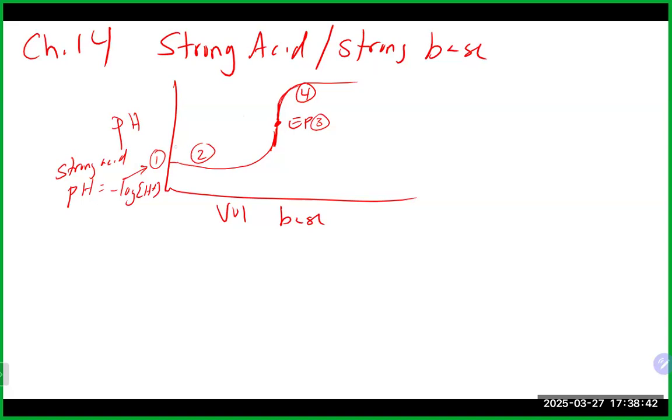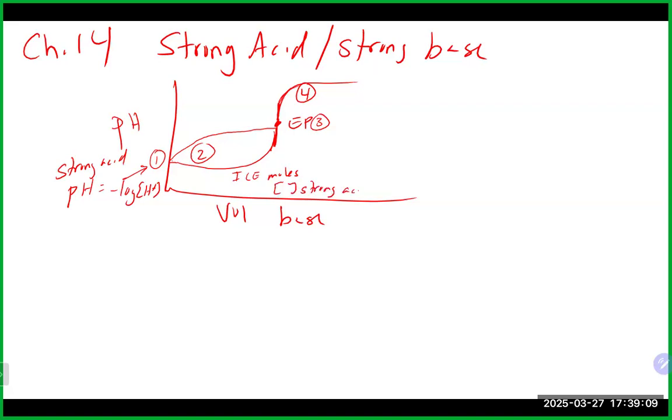As you start the titration, obviously we do need to do an ice table here, and we do need to do it in moles. The purpose of this is that you will have enough of your strong acid at this point to use up any base that you put in there. So the purpose of this ice table is to end up with the concentration of your strong acid at the end.